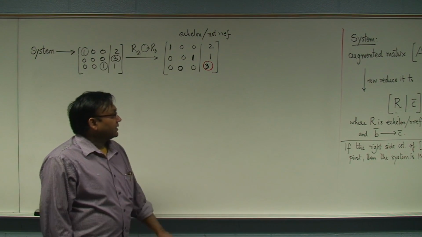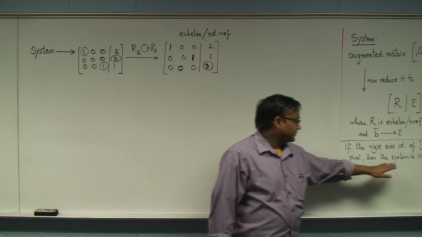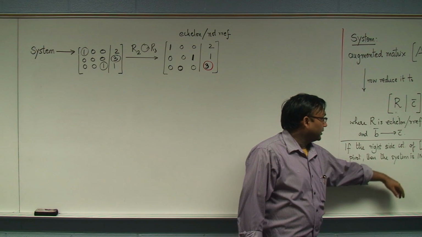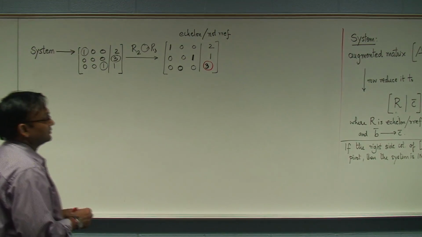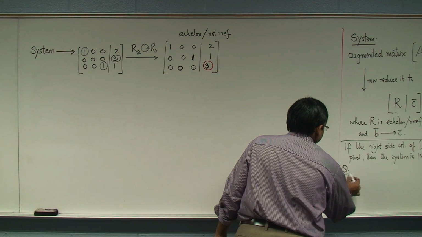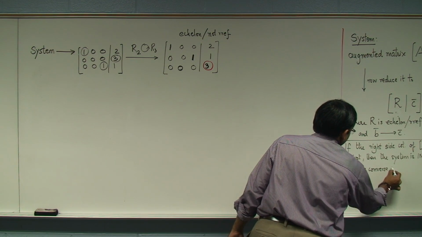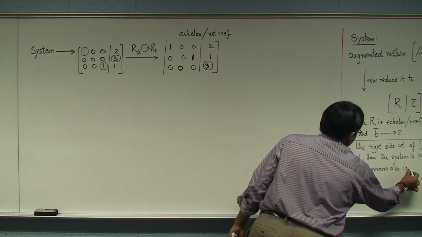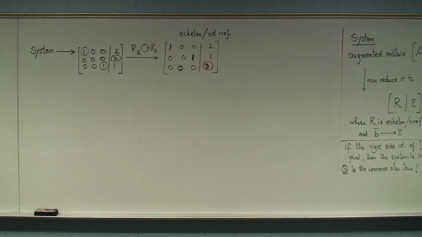That means, can I say every inconsistent system, when row reduced, will have this property that the pivot will enter the right-hand side column? This is a question we would be interested in, and you should think about it. So the question we are asking is, is the converse also true? That for every inconsistent system, the inconsistency will only come in this way and nothing else.